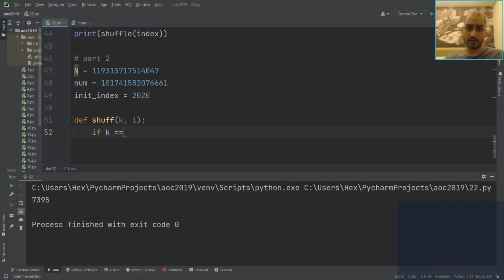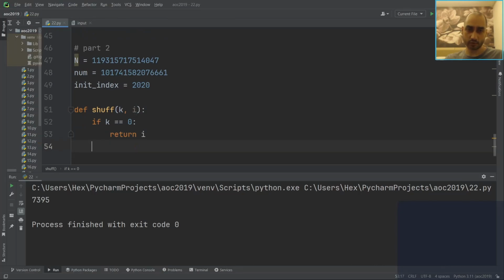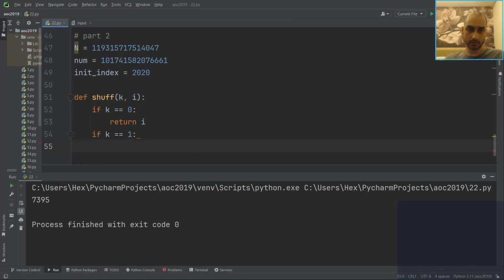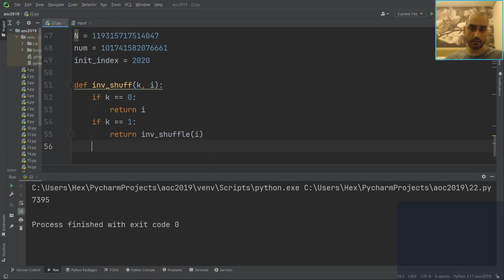If k is 0, I don't know if this case will come up, but let's just say if it is, then we return I, doesn't move. If k is 1, okay, let's just say in shuffle, just so we know we're doing it backwards, k equals 1, we return 1. Go shuffle, okay.